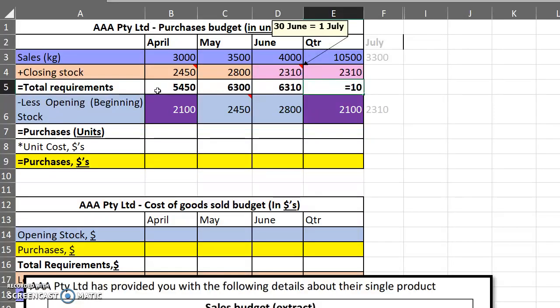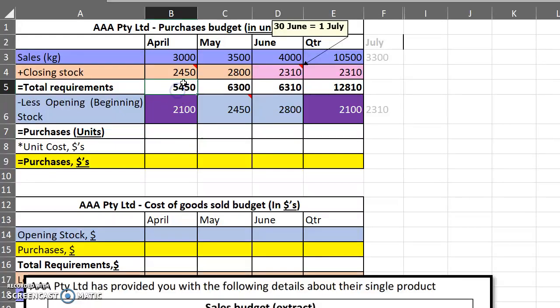In total, for the quarter, I'm planning to sell 10,500 kilograms of whatever it is, plus how many kilos I would like to have in my shop on the 30th of June. Moving on, we already have opening stock, so we just need to calculate purchases in units.